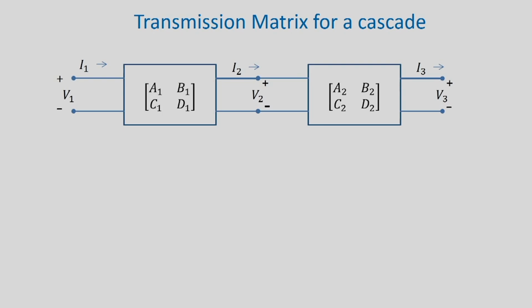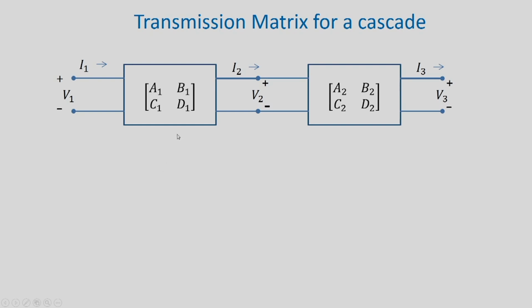Now, as I told, these parameters are particularly useful when we have a cascade of 2 ports, and in practical microwave circuits we will have different subsystems represented as 2 ports and they are cascaded.